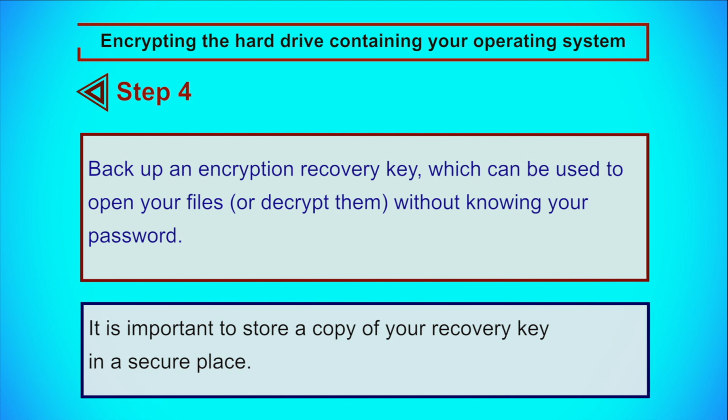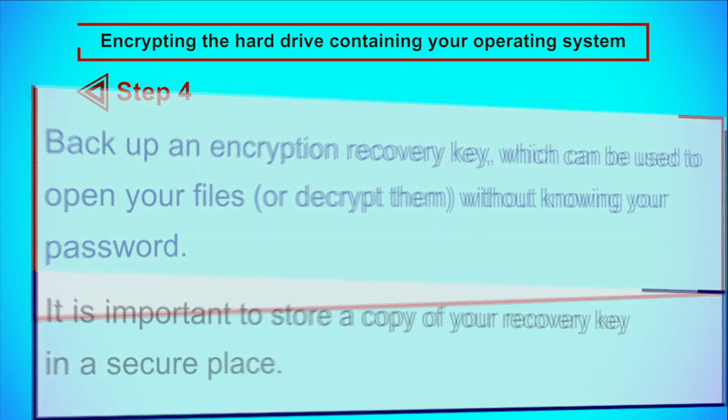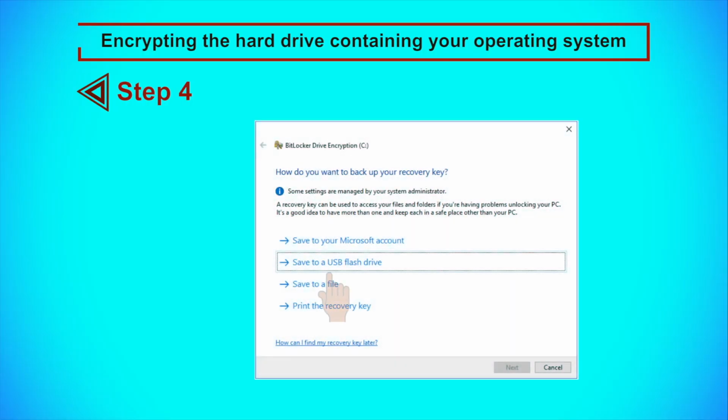Note that saving your recovery key to your Microsoft account may compromise the security of the key. However, it offers advantages in case of losing backup key files. In this example, we will assume that you save the file to a separate USB drive and hide or protect this device. Insert a USB flash drive in your computer and click Save to a USB flash drive.